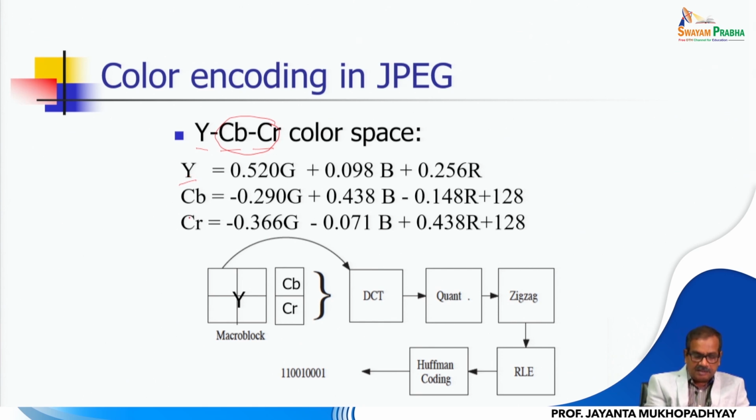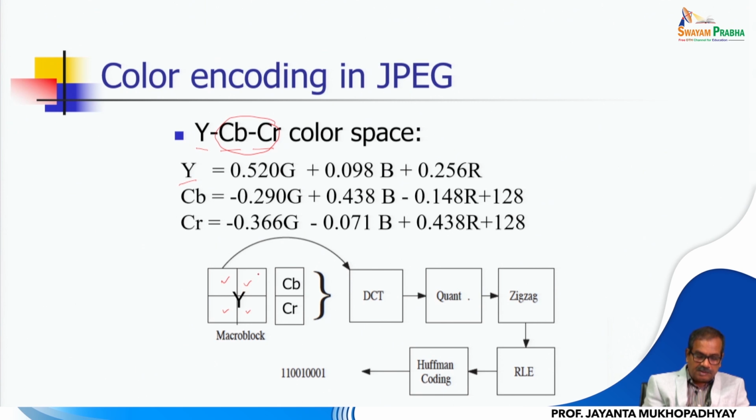But for CbCr components, what we usually consider is, suppose there are 4 8x8 blocks. These 4 8x8 blocks we call basically a macro block.